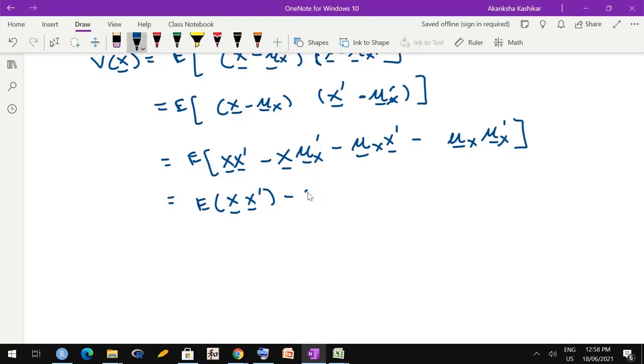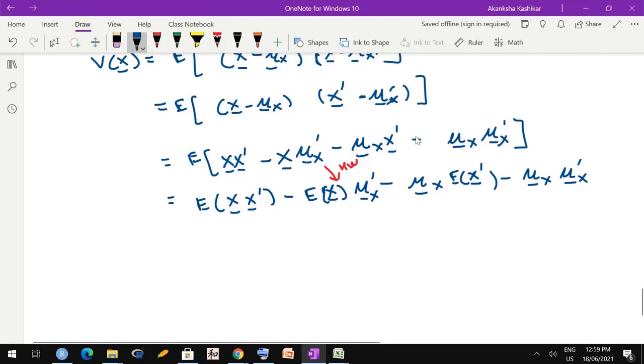I know mu x is a constant, so I can possibly keep mu outside the expectation. I am saying possibly because we have not yet proved it. Then the same thing I can repeat here. These last terms are free from variables, they are constant, so this would remain as it is. Oh, sorry, the last sign should be positive, it is minus into minus, so it should be plus.